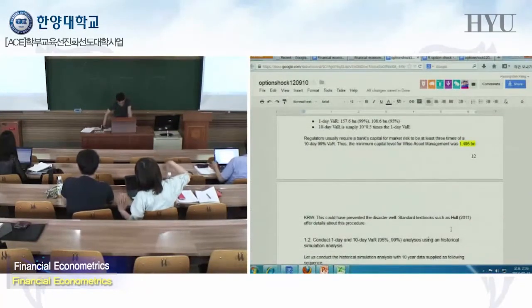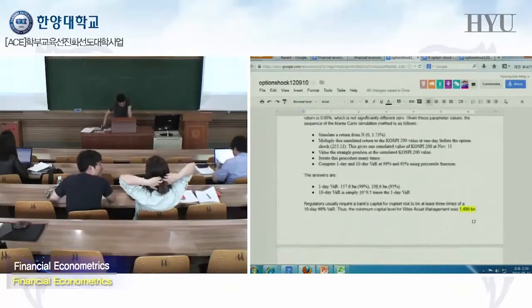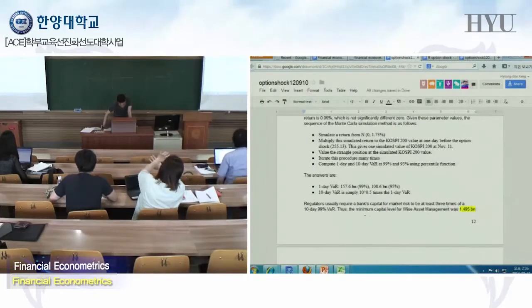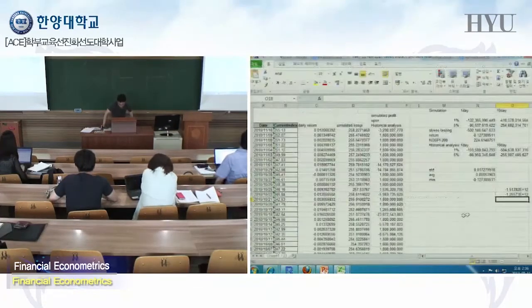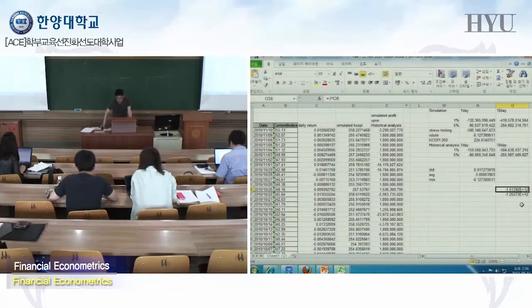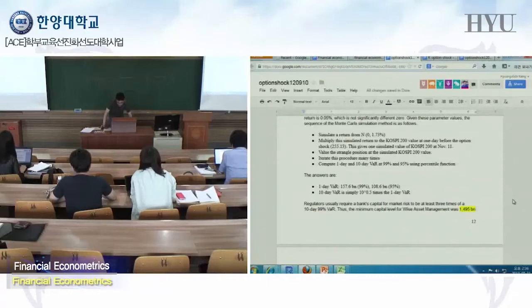Anyway, let's repeat again. Regulators usually require bank capital for market risk to be at least 3 times the 10-day 99% VaR. So if Wise Asset Management abides by the rule, they should have at least this amount, this one multiplied by 3, which is 1.5 billion.